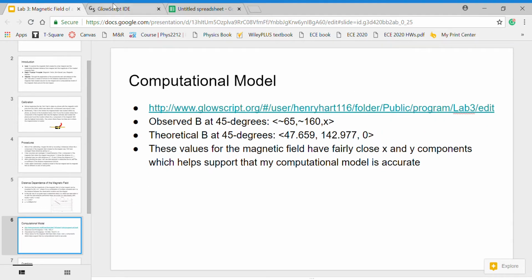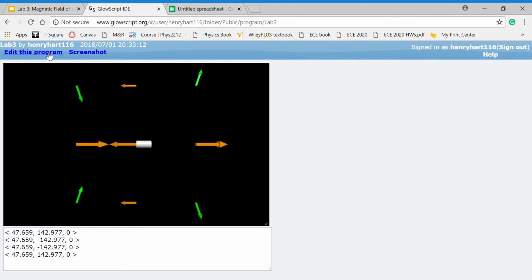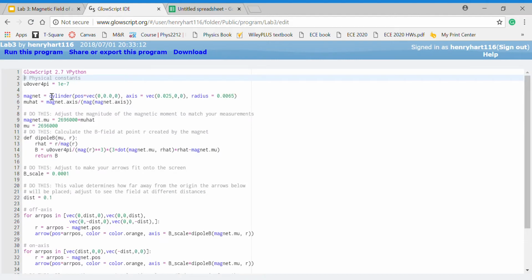So now looking at this computational model, we see the results here, but we insert all these constants and create the magnet and insert our value for mu.